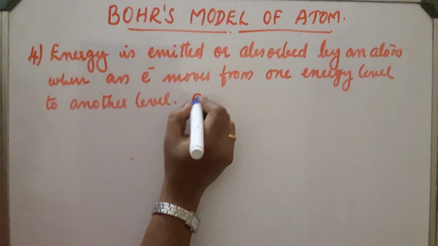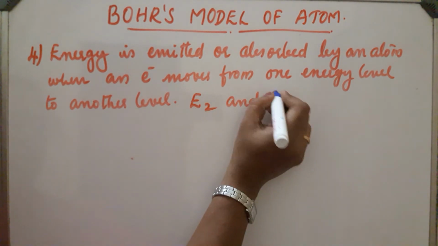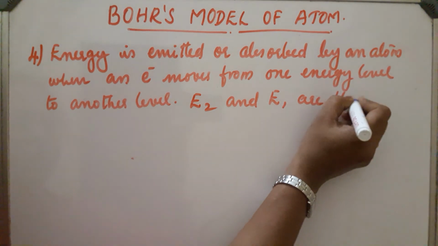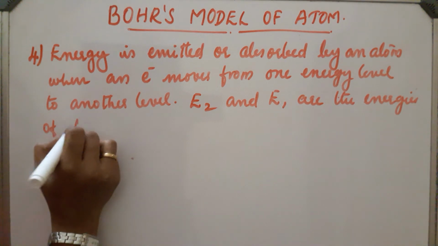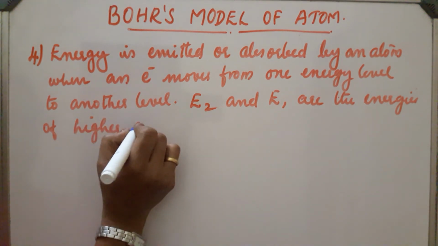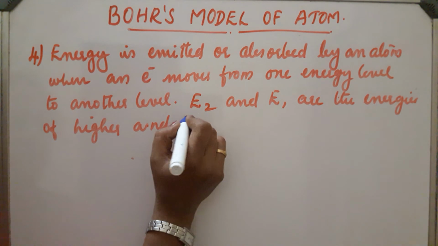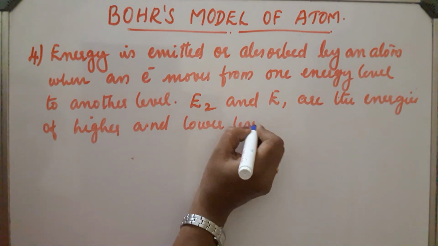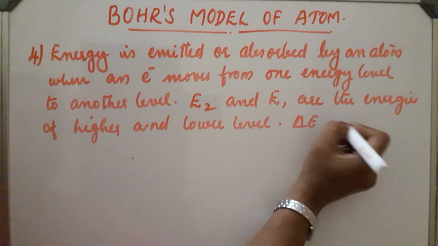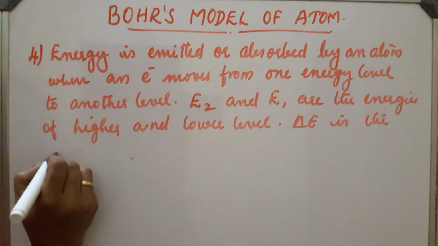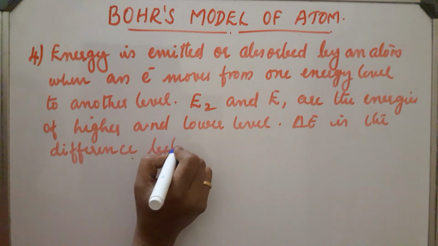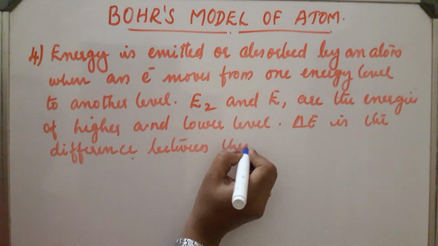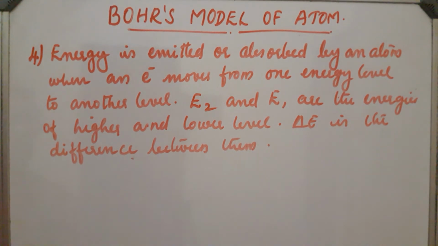Let E2 and E1 be the energies of the higher level and lower level. Then delta E is the difference between them, and this delta E is the amount of energy emitted or absorbed by the atom.